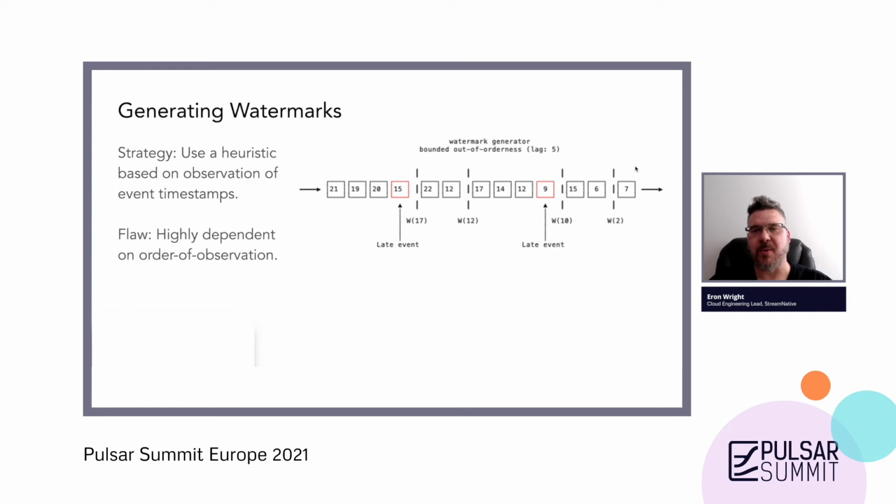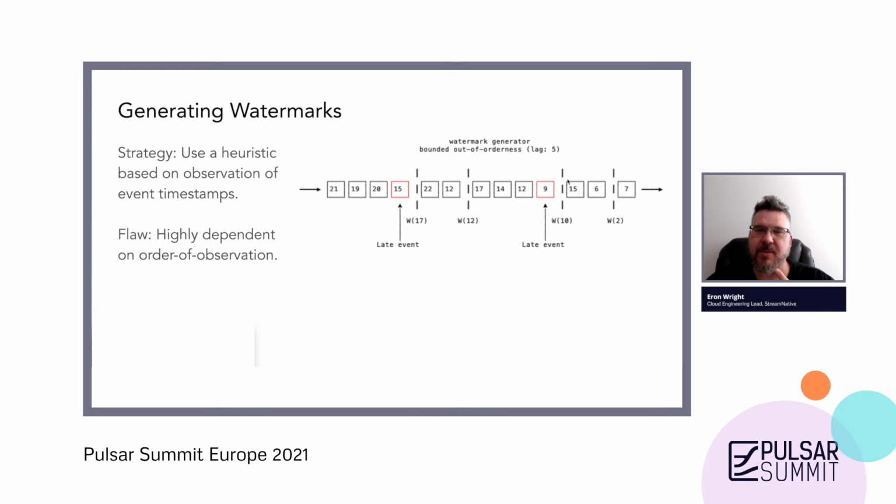Here, for example, is a depiction of a bounded out-of-orderness generator. And in this case, it will use a lag or grace of 5 time units. For example, when we first observe an event with timestamp 7, we think, oh, well, I'm sure we've seen everything at least to timestamp 2.